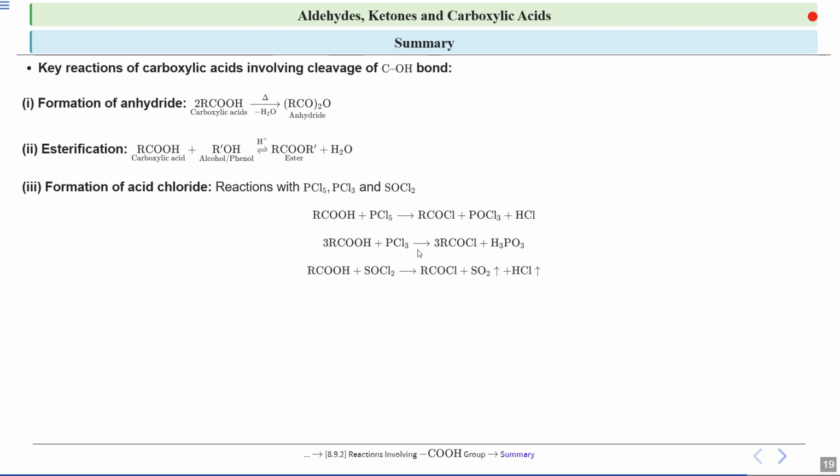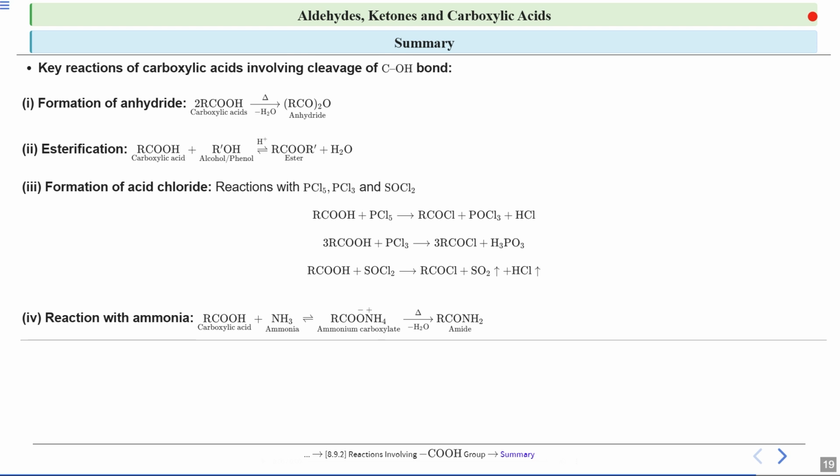Next, we discuss the reaction with thionyl chloride, SOCl2. This is particularly advantageous because the byproducts are sulfur dioxide and hydrogen chloride, which can be easily removed from the reaction mixture. This makes the process cleaner and more efficient.